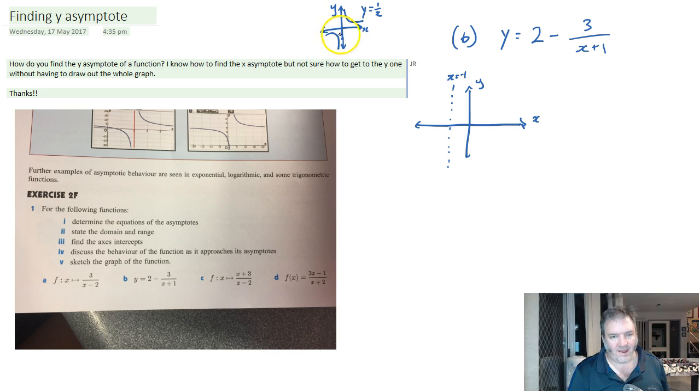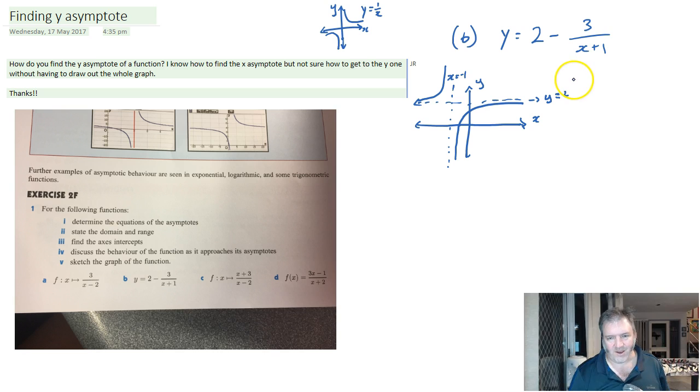The horizontal asymptote, the one going through y, is going to be y equals 2, because I've done a vertical shift of positive 2. And because of the shape, we know that it's been reflected and then multiplied by 3. We're going to have it looking something along those lines. I'd probably want to calculate those intercepts first if I was going to sketch it, but that's good enough to get an idea. And so you can do the asymptotes just by thinking about the transformations of the graphs.